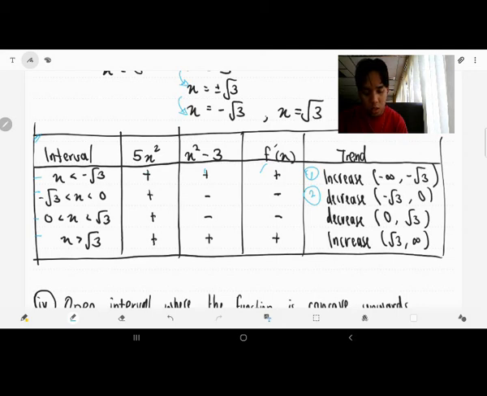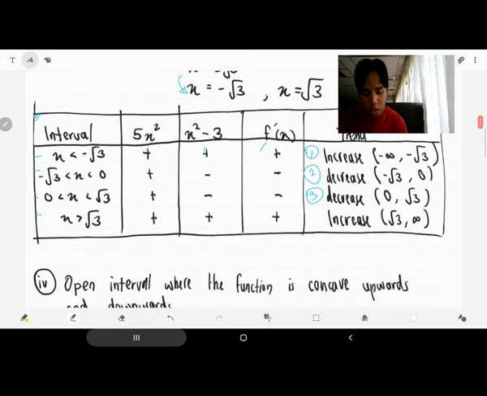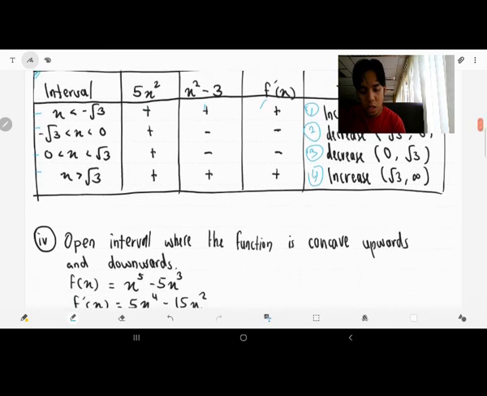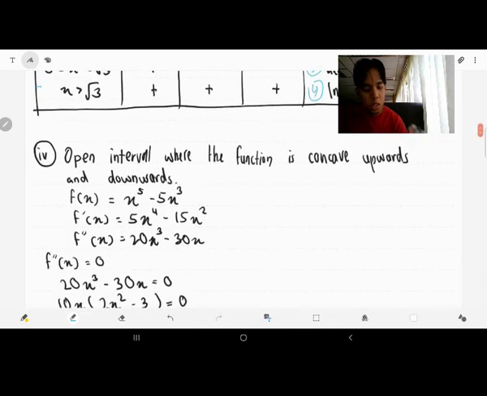The second part is decreasing on the interval negative square root 3 to 0. Next, the third is decreasing on the interval 0 to square root 3. And lastly, the fourth is increasing on the interval square root 3 to infinity.